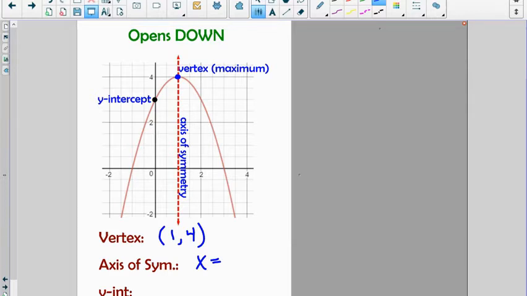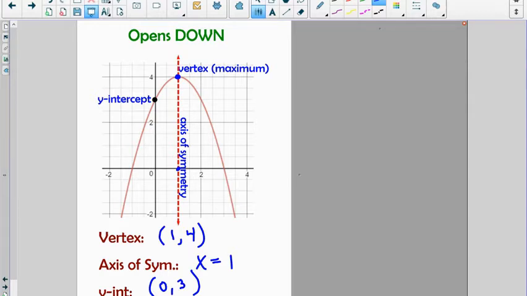Since that axis of symmetry goes through the x-axis at 1, my equation for the axis or line of symmetry is x equals 1. For my y-intercept, I can see it marked on the graph, and using my numbers, I can tell that it's halfway between 2 and 4. My y-intercept has a value of 3, but I'll list it as the coordinate 0, 3.